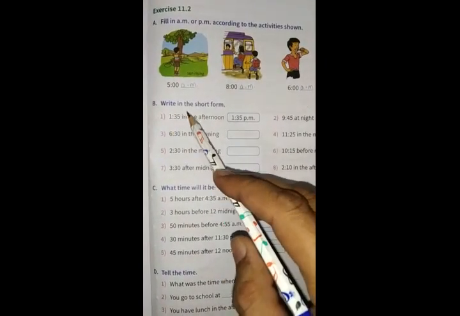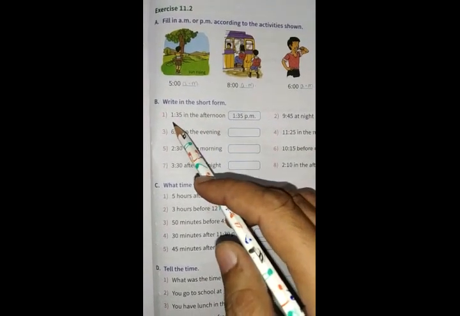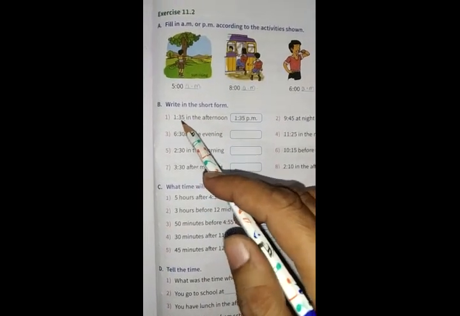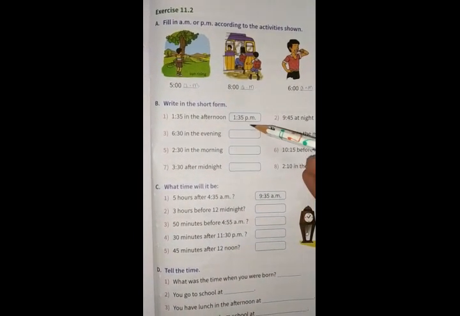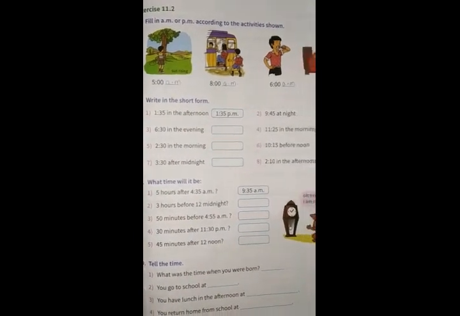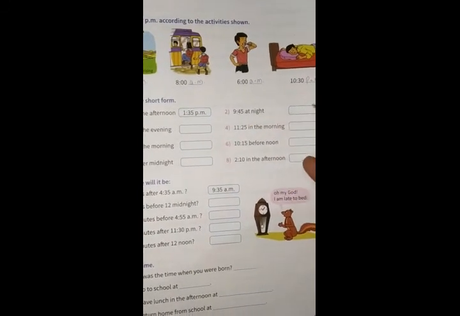B part, write in the short form. First, 1:35 in the afternoon. Afternoon means we have to write PM. 1:35 PM. 9:45 at night.